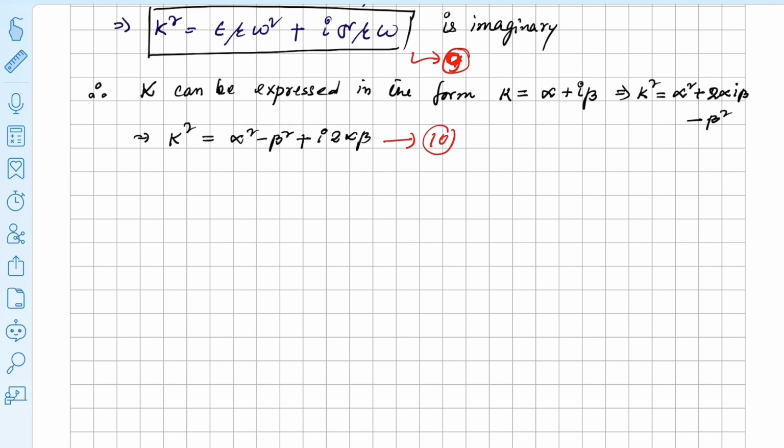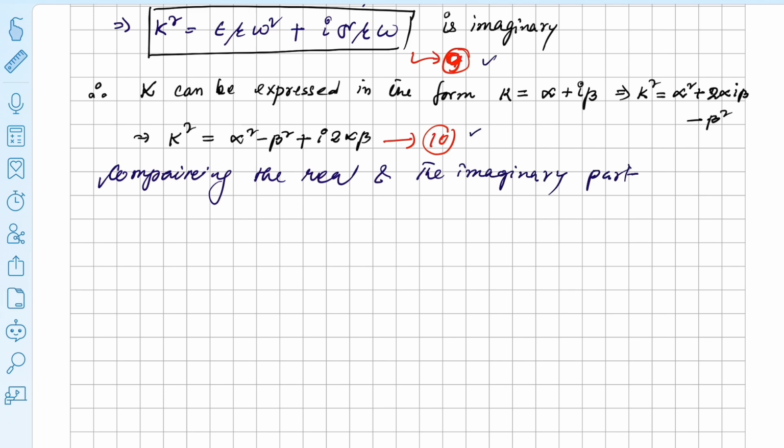Now comparing the real and the imaginary part on the right hand side of equation number 9 and 10, what are you going to get? Both are equal to k square, right?